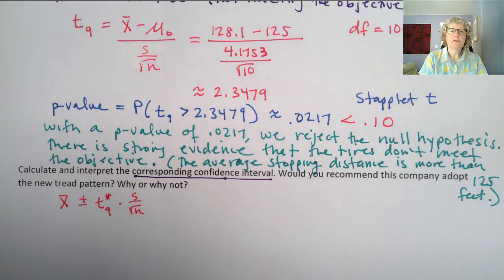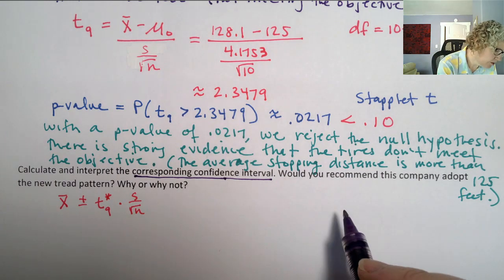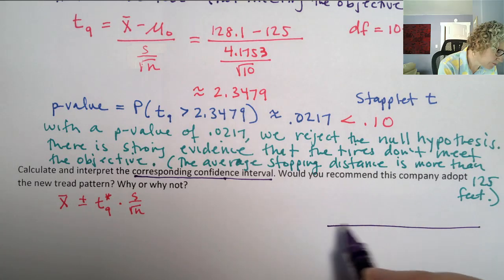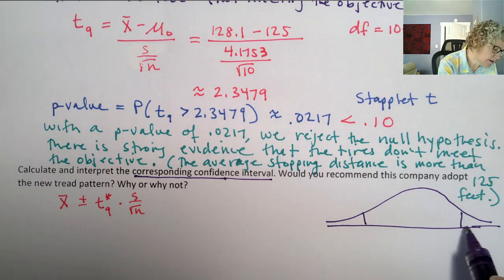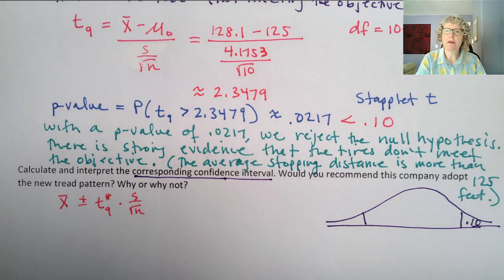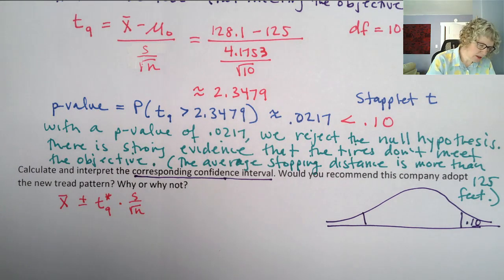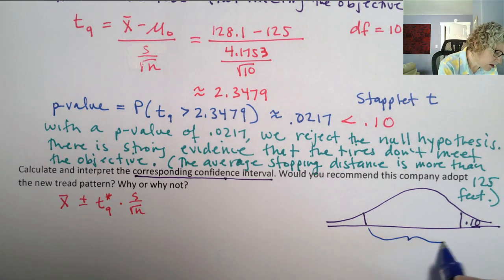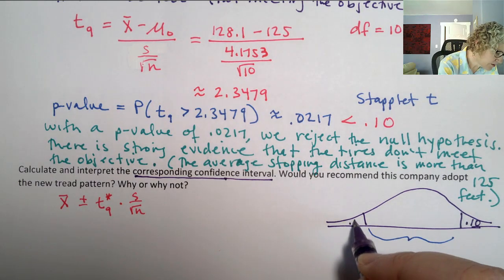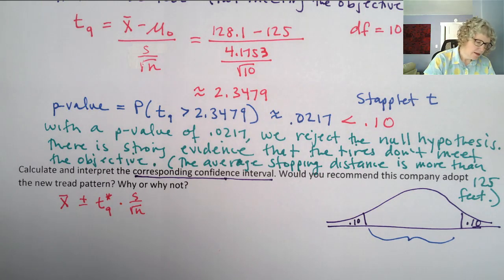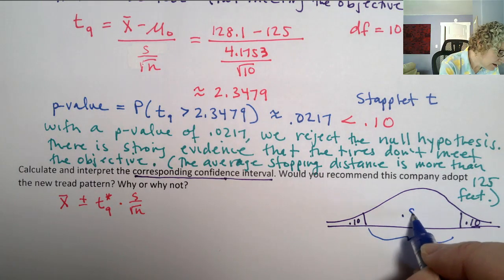So we do have to determine what confidence level goes with a one-tail test of 10%, right? So let me go over here. I always like to draw this out. We had a right tail test with a significance level or alpha of 0.10. So to make the corresponding confidence level, we need to do the symmetry part where there's 10% on the other side, and that is going to leave 80 in the middle, right?